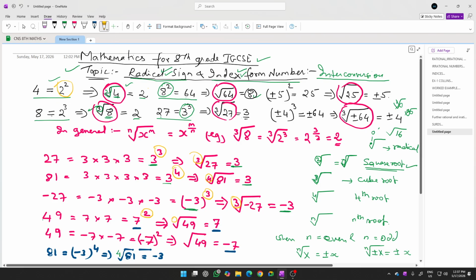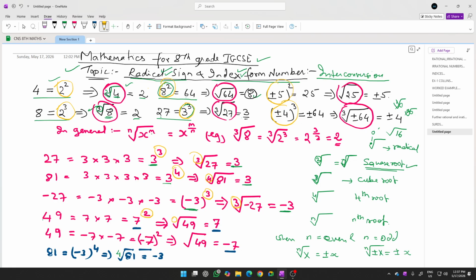So these are numbers in index form. So the first step is clear now. There's something called numbers in index form, and there's something called numbers in radical form.